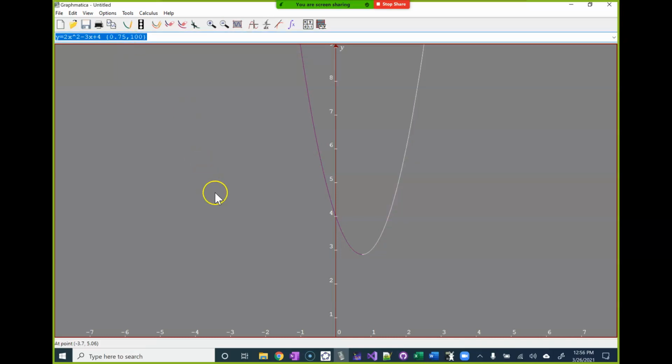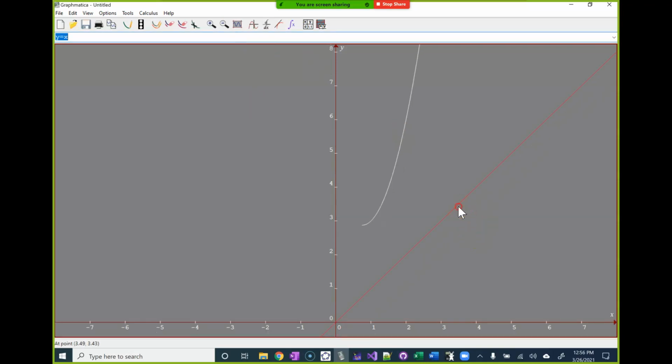Now to find the inverse of that, I'm basically going to be reflecting across this line y equals x. So this is like my axis of reflection. So that was y equals (3 plus square root of 8y minus 23) all over 4.